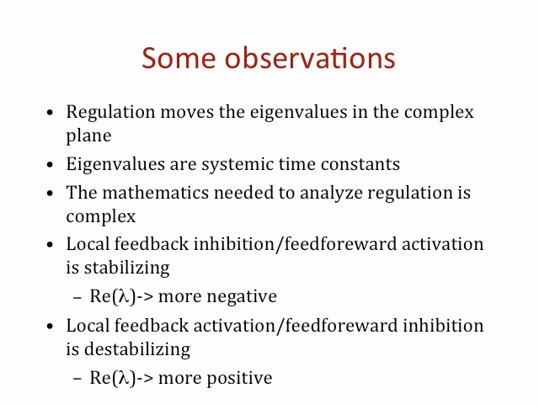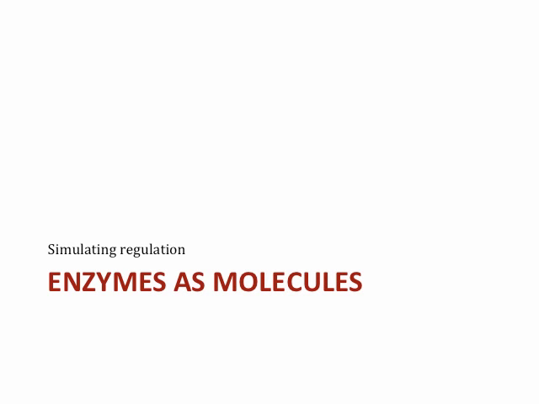Those signals tend to be destabilizing because the real part of the eigenvalue becomes more positive. And again, if it hits the origin, you can actually bifurcate the steady state into multiple different solutions. So that concludes the discussion about the analysis of regulation.